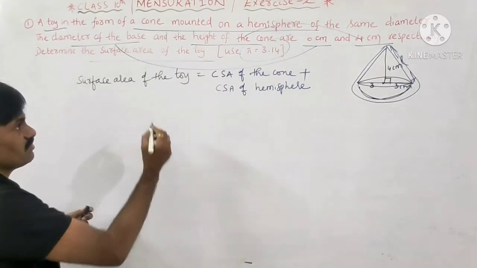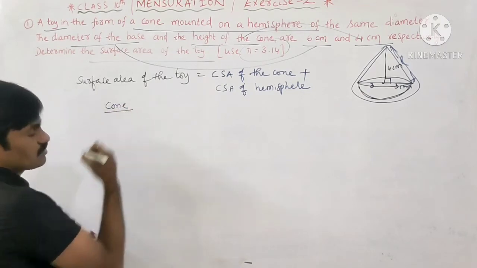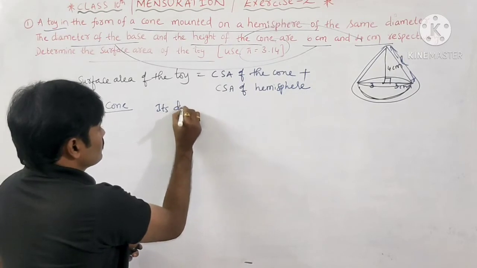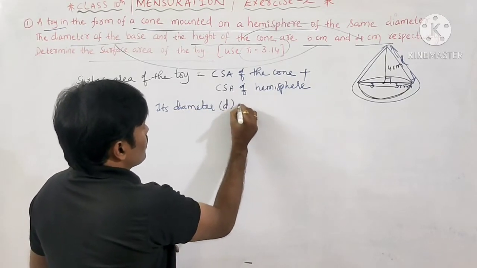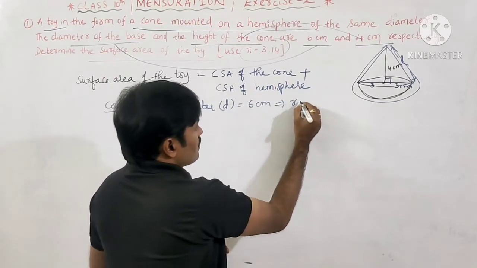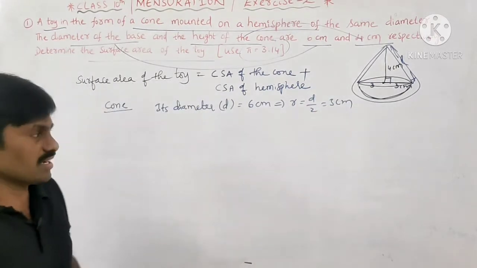First, quickly write down. With respect to the cone, its diameter d is equal to 6 centimeters. Then its radius is equal to d by 2, which is 3 centimeters. Okay, clear?